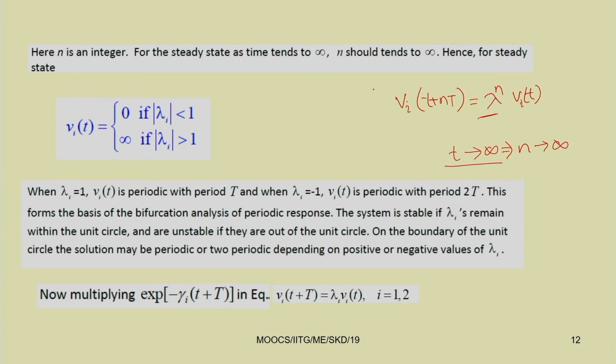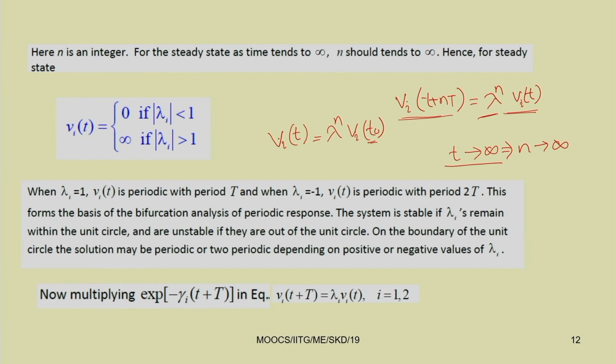Let me write this way: Vi(t) will be equal to lambda to the power n, starting from Vi(t0). To avoid confusion, you just write the starting point is t0. So, after t tends to infinity, that is n tends to infinity.